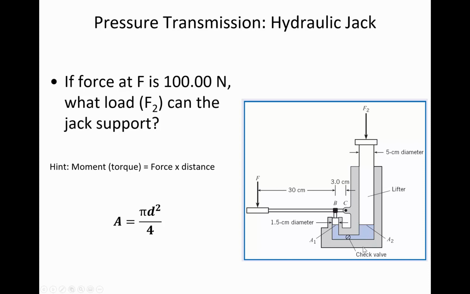And now find the force. So force is pressure times area. So again, you'll need to calculate the area from the given diameter. So find out what is A2 based on the 5 centimeter diameter, and then force is pressure times area.